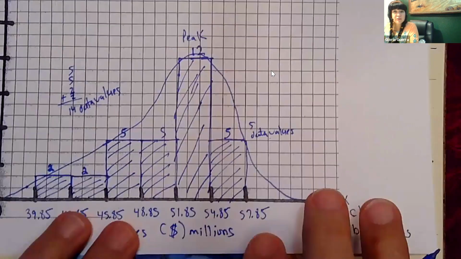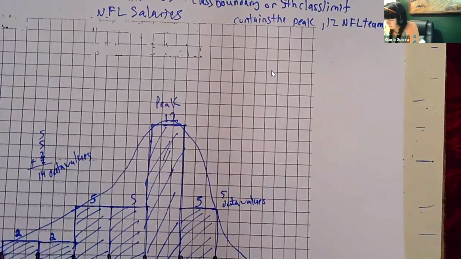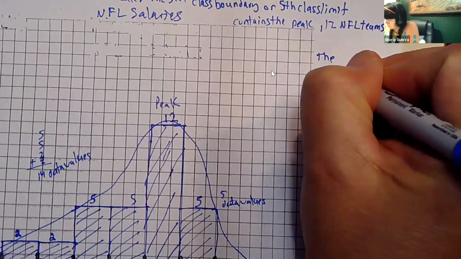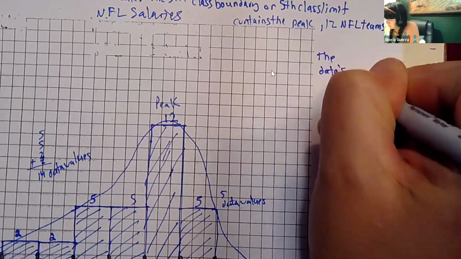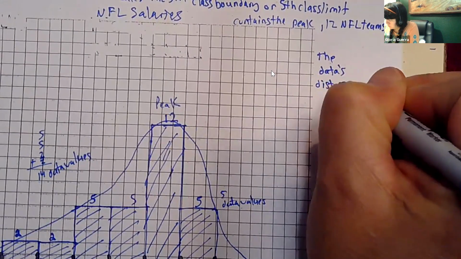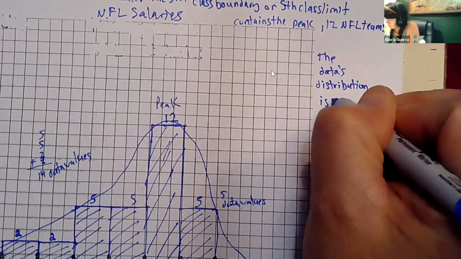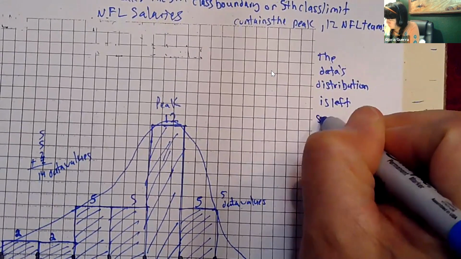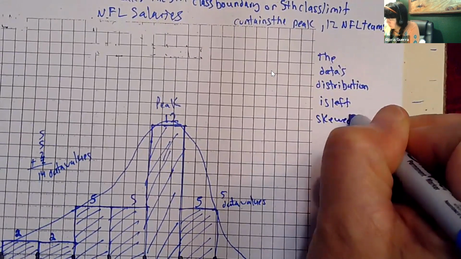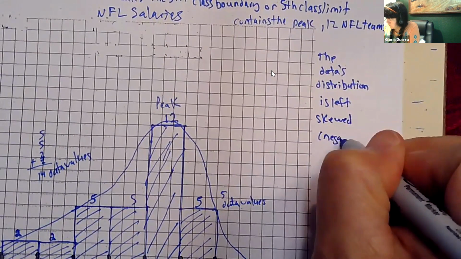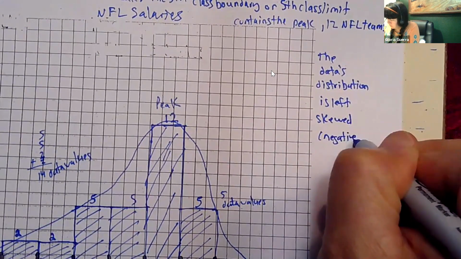Okay, so that's enough for you to say that the data's distribution is left skewed, or you can say that it's negatively skewed.